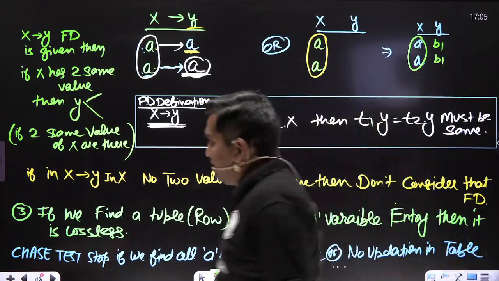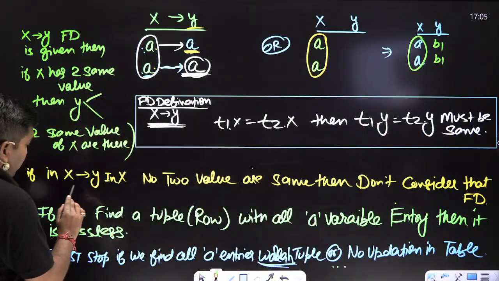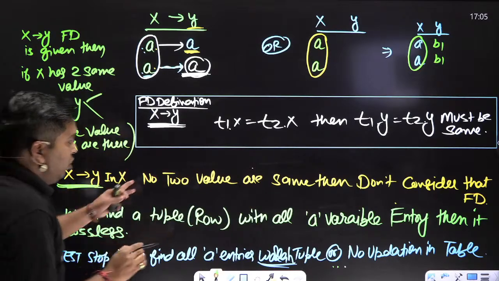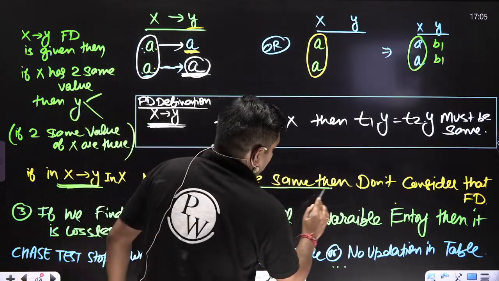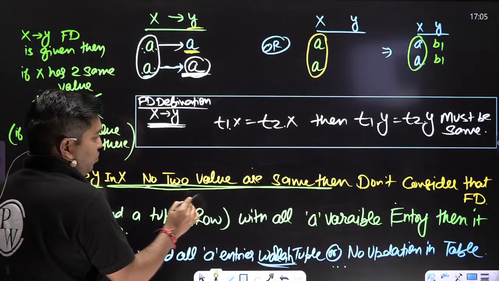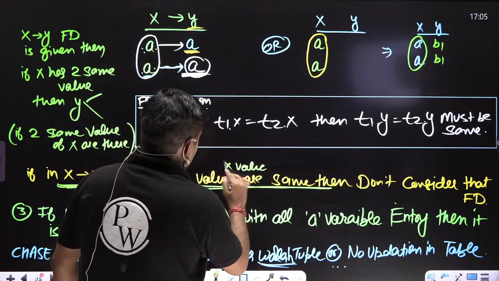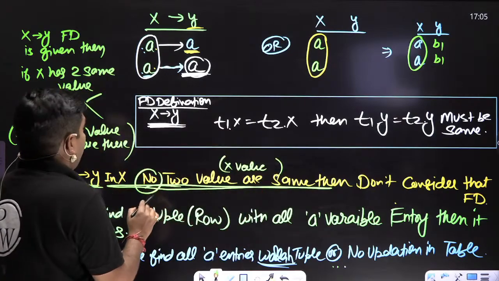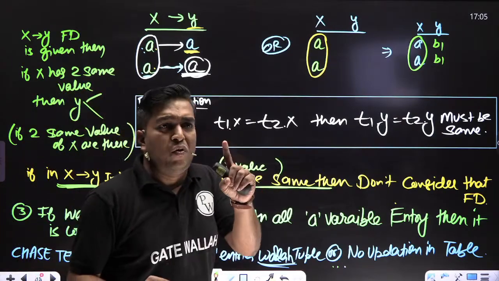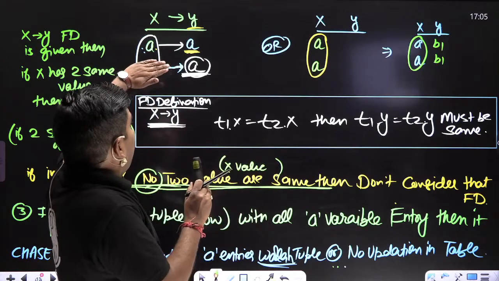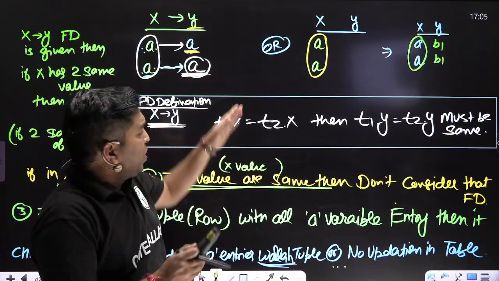Third step: if in X tends to Y no two X values are the same, for example you are getting only one value of X, like only one a and not two a's, then you can't apply this definition.